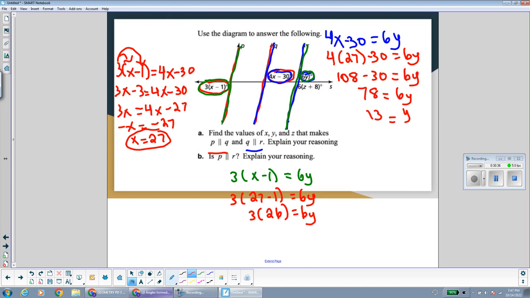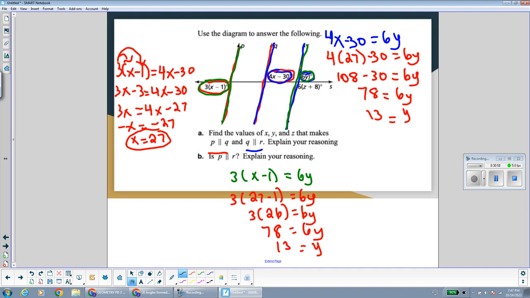Let me multiply the 26 by 3. And we found that y is equal to 13 like before.